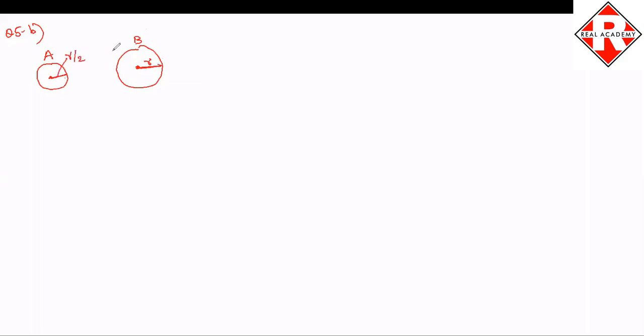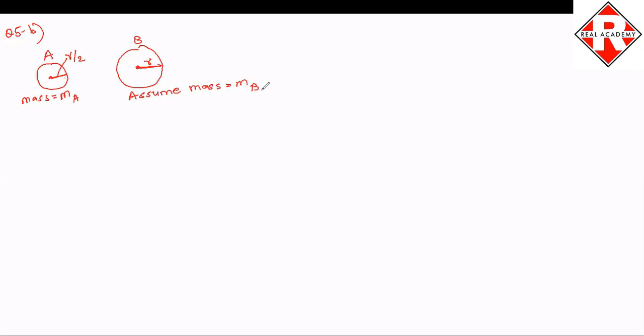The next thing they have given is mass of planet A is ma. Mass of planet A is given to be ma. Let's assume mass of planet B as mb. We are still just writing down the given data.